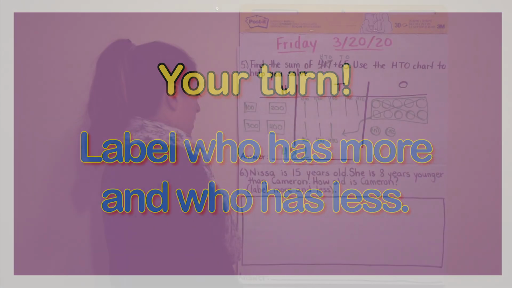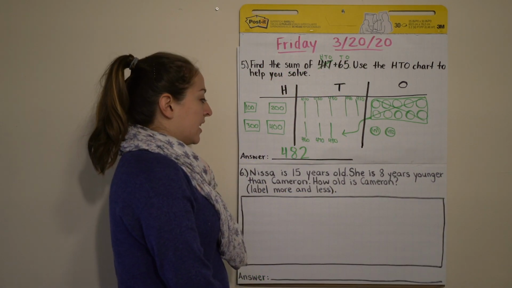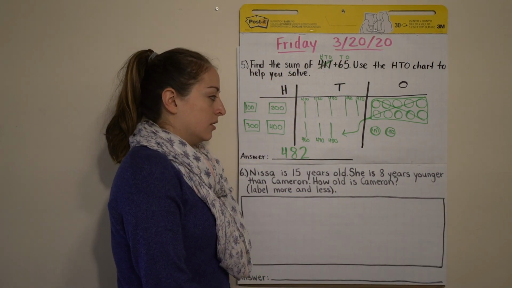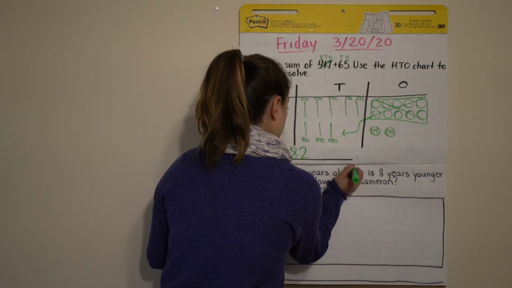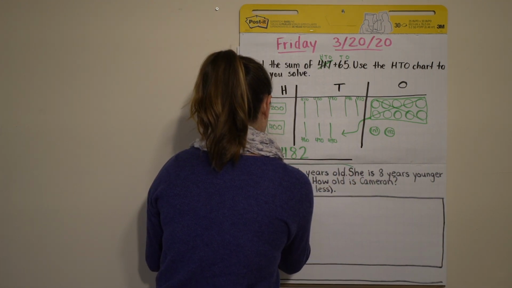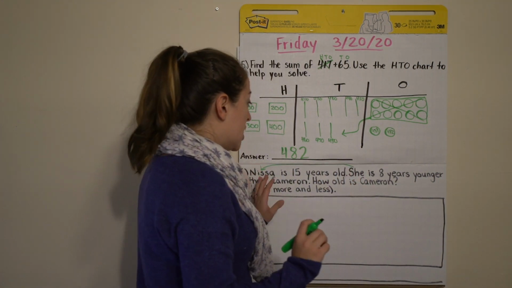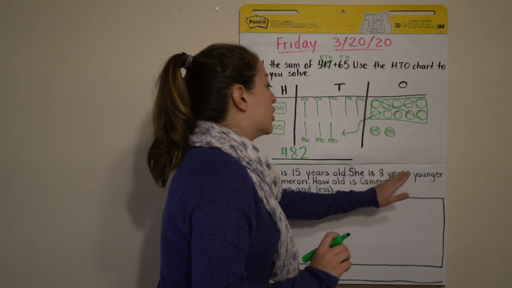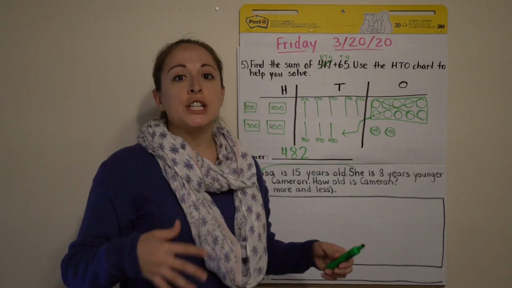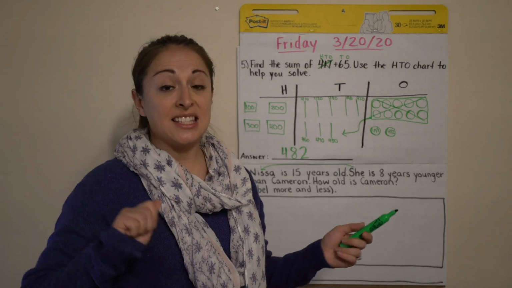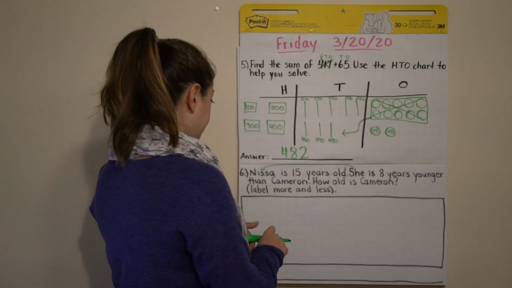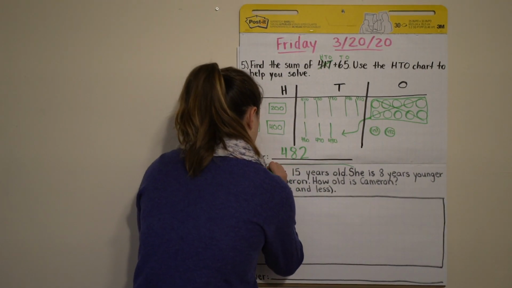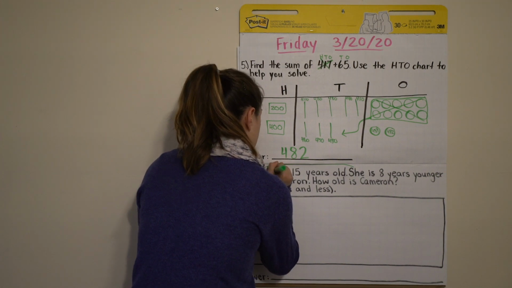Okay, so Nisa is 15 years old. She, hopefully you put a little arrow to Nisa, she is 8 years younger. So if you're younger, you're going to have less years than someone else. So we're going to write less on top of Nisa.